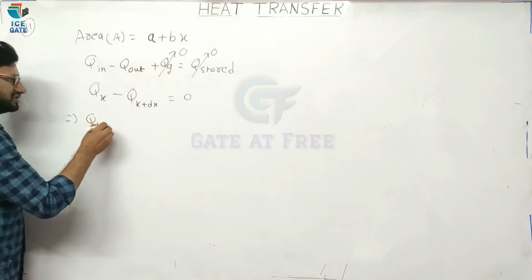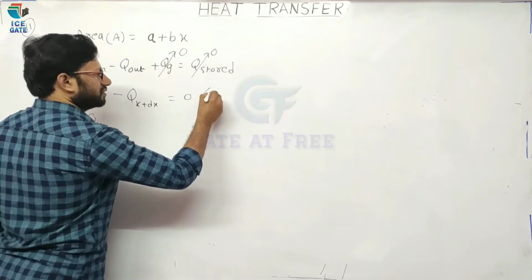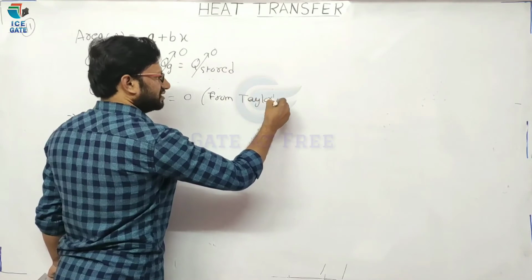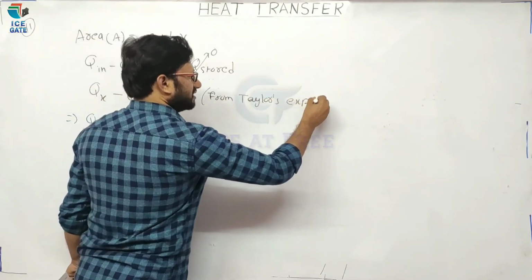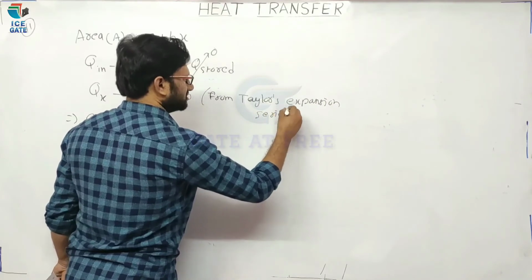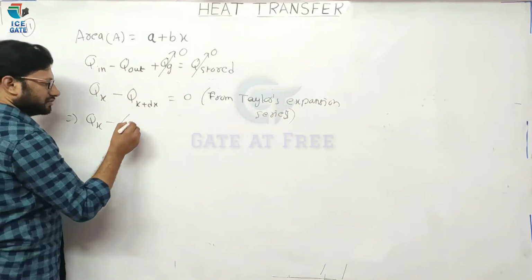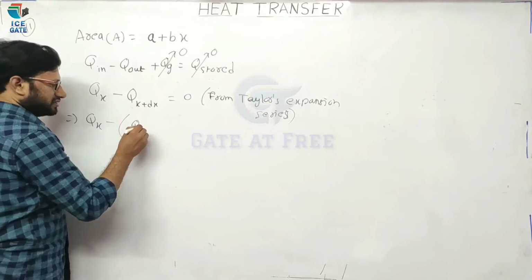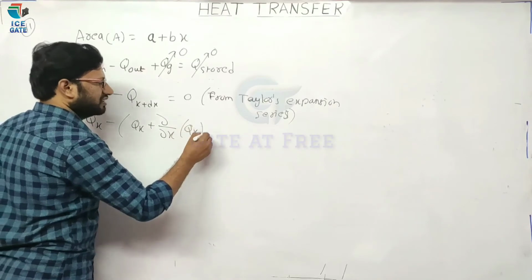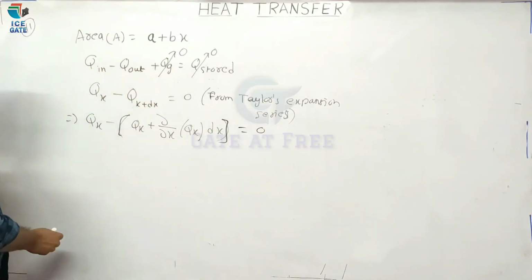Therefore, from Taylor's expansion series, Qx plus dx can be written as Qx plus dou by dou x of Qx into dx, and this is equal to 0.